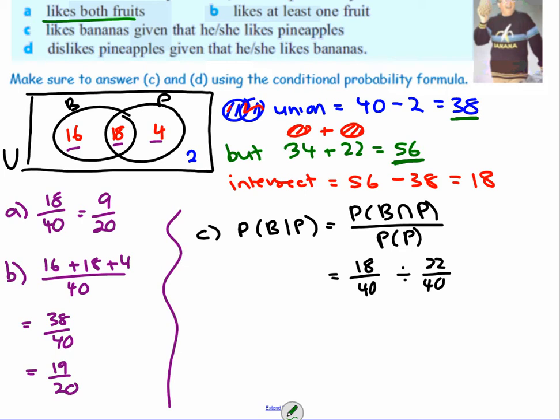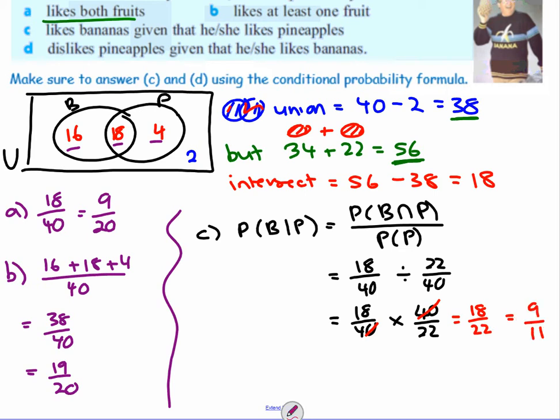Remember with your fractions, keep, change, flip. Keep the first fraction, change the divide to a multiply, and flip the second fraction. And we can cancel down 40 and 40. So the answer is 18 over 22, which simplifies to 9 over 11.